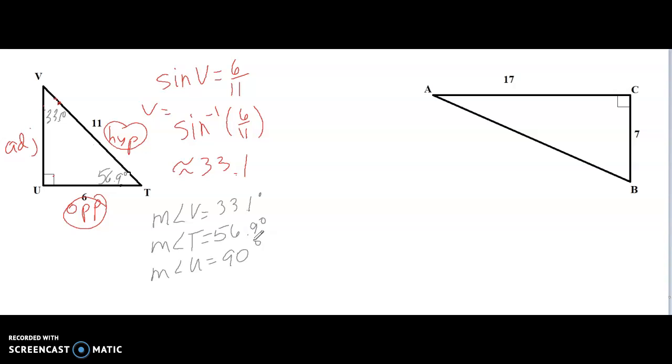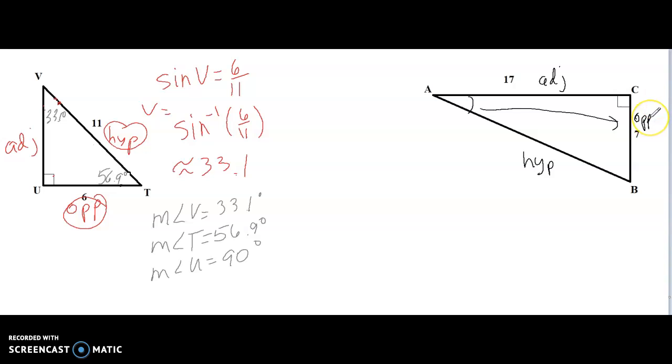Let's look at a different one over here on the right. We have our triangle ABC. We have two legs of 7 and 17. If I were to try to do this for angle A, I'd indicate that's my opposite, and this is my hypotenuse. That means this is the adjacent. So for angle A, I know my opposite and adjacent.